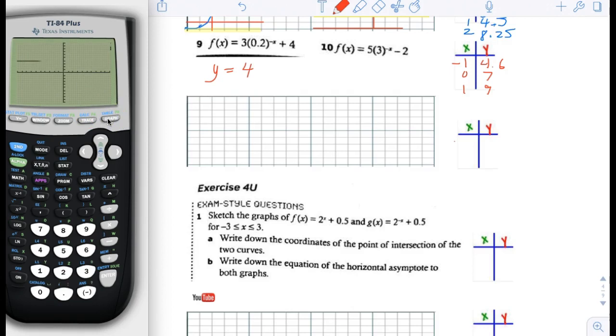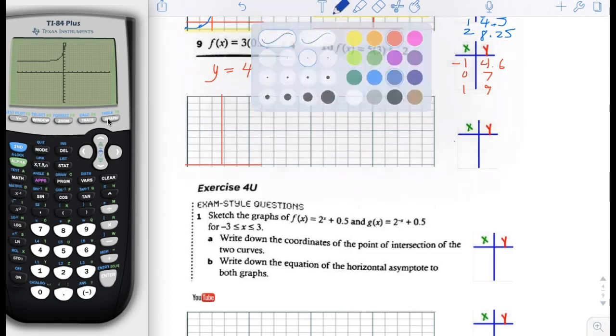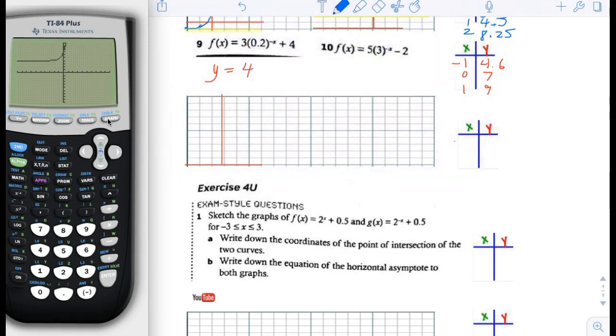Okay, so if we draw our x-axis here and our y-axis here, let's graph some of our points. So negative 1, 4.6, 0, 7, and 1, 9? Or is it 19? I think it's 19, right? I think I wrote it down wrong.